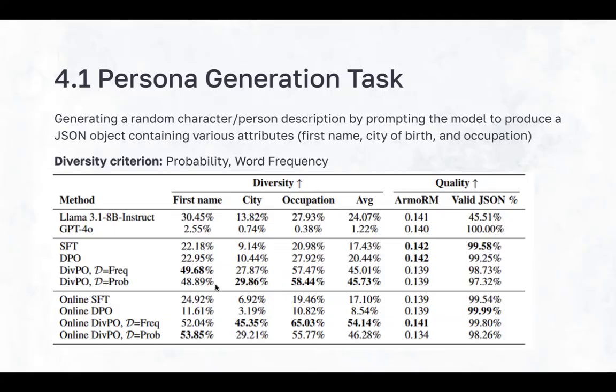I think for these two, it's related to their attribute. But how do we measure that diversity? Do we measure by frequency or by probability?